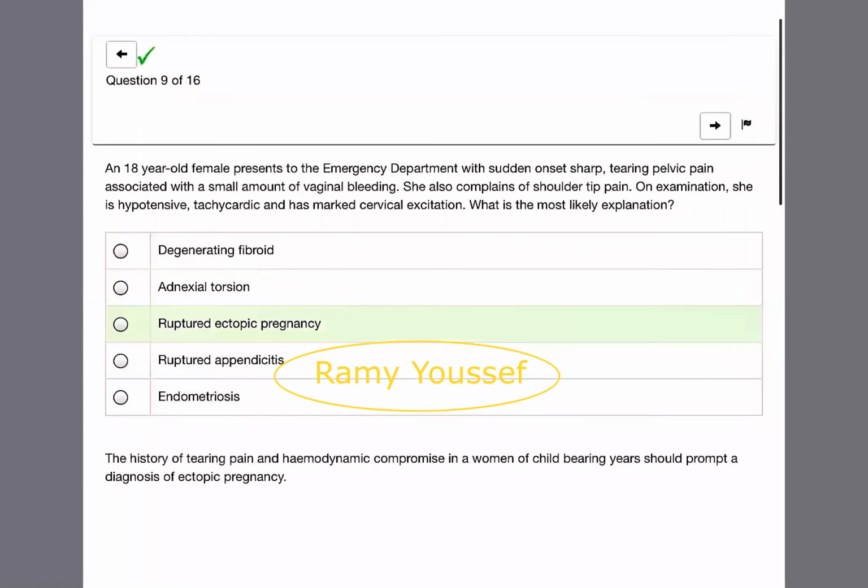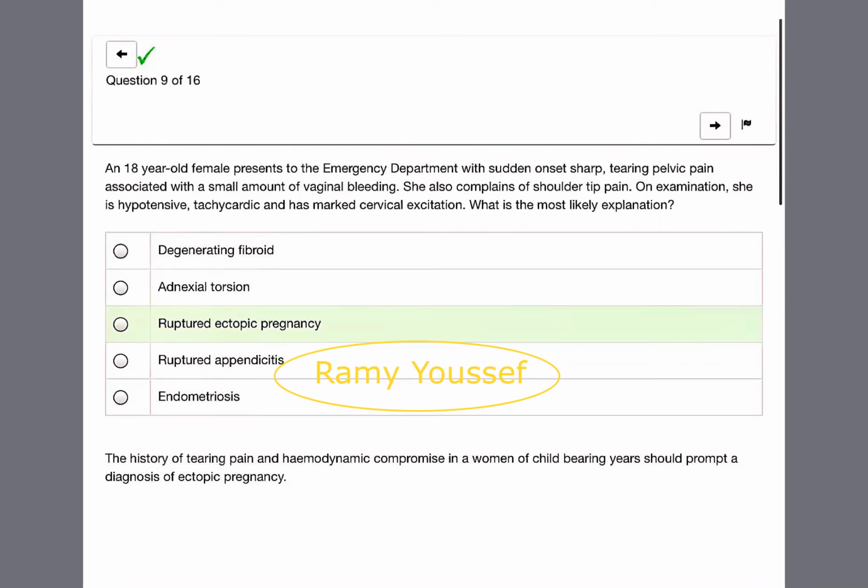We said before, one of the history of pelvic pain or right iliac fossa pain was vaginal bleeding, and he didn't mention that beta HCG is unremarkable or the pregnancy test is negative, so the patient is a rupture ectopic if she is in the childbearing period or fertile, so she is ectopic until proved otherwise.